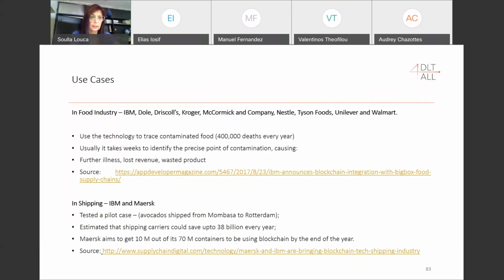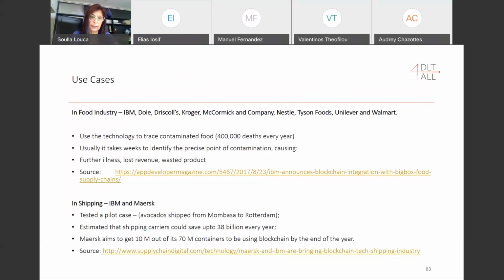Another use case is in shipping. IBM and Maersk, one of the large shipping companies around the world, tested a pilot case, again with supply chains, for avocados shipped from Mombasa to Rotterdam. They estimated that their shipping carriers could save up to $38 billion every year if they automated the supply chains through blockchain technologies.